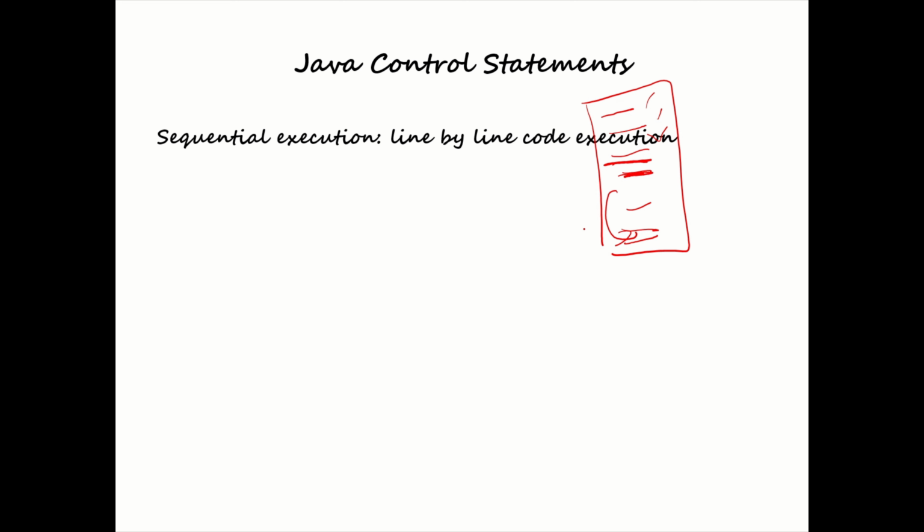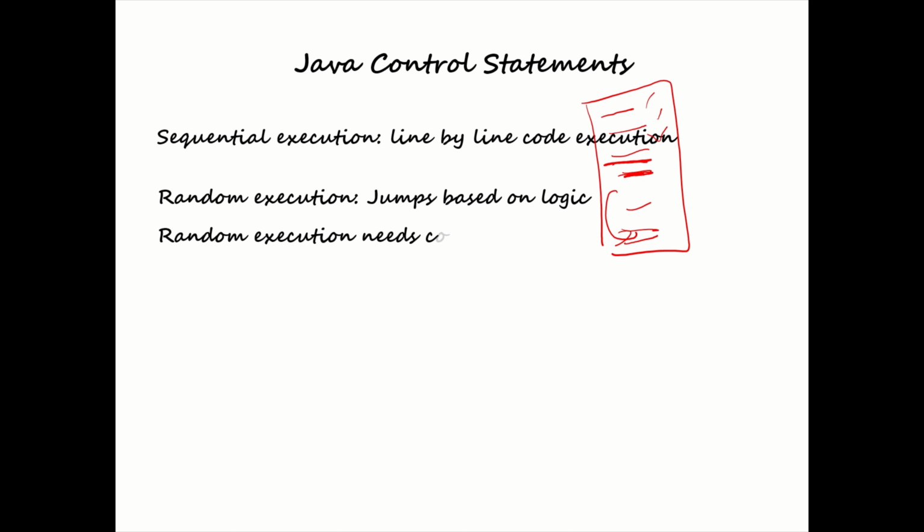So I want to jump from one line to another line. If we want that kind of execution, we call it random execution. To achieve this random execution based on some logic, we need something called control statements.